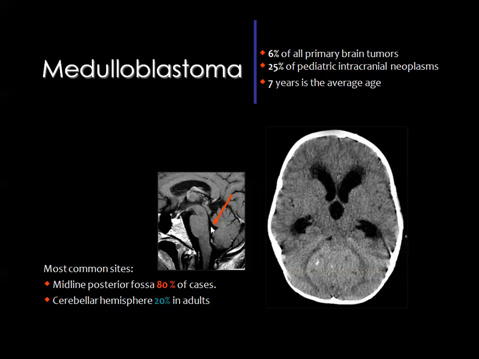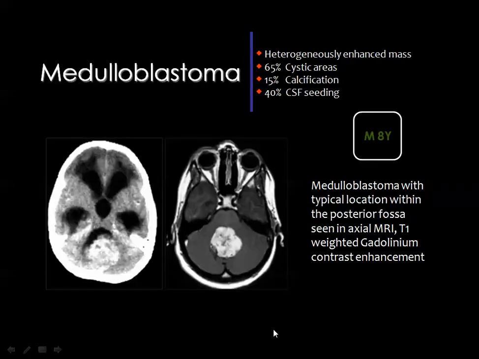This is also a midline lesion which is centered to the region of the fourth ventricle. And the fourth ventricle is usually obstructed and you got supratentorial hydrocephalic changes. Also, there is an incidence of calcium, but it is much less common than calcium within the ependymoma. Then, calcification in the medulloblastoma is in the range of 15%, and this tumor also produces CSF metastatic seedling similar to the ependymoma.